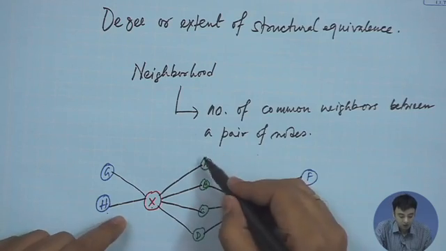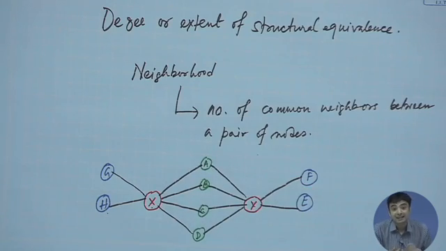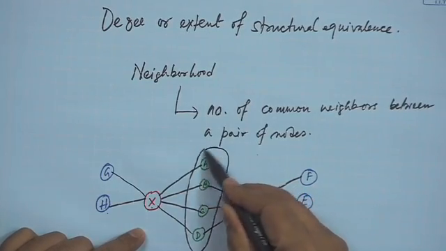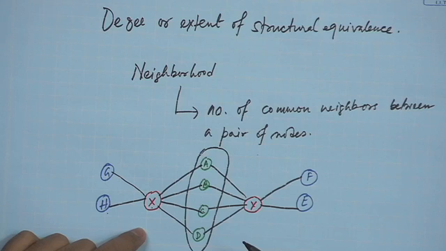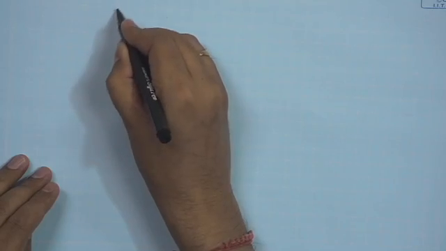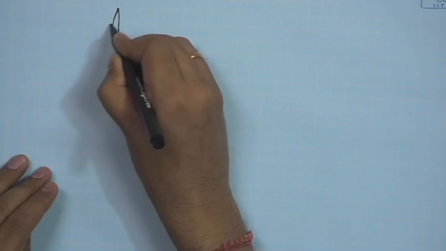So we quantify the extent of structural equivalence in terms of the number of common neighbors between every pair of nodes in the graph. Now, how to estimate this? Imagine the adjacency matrix of a graph.